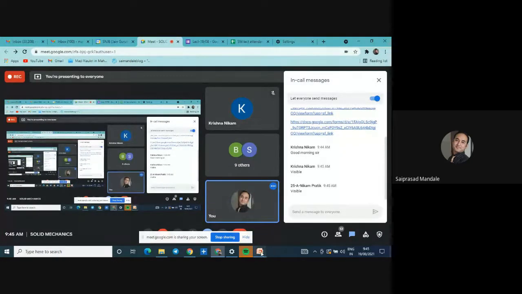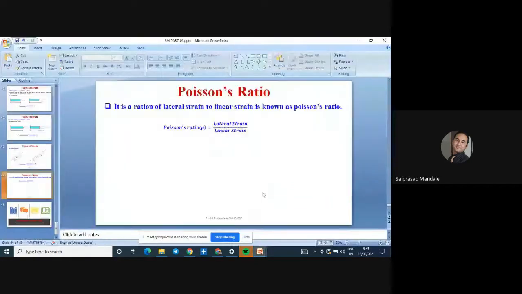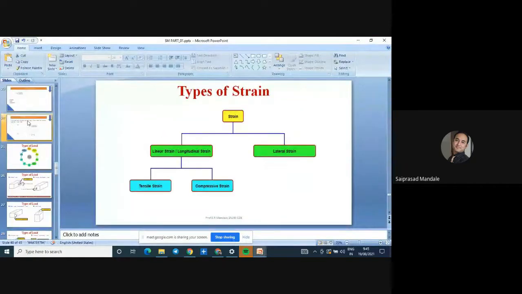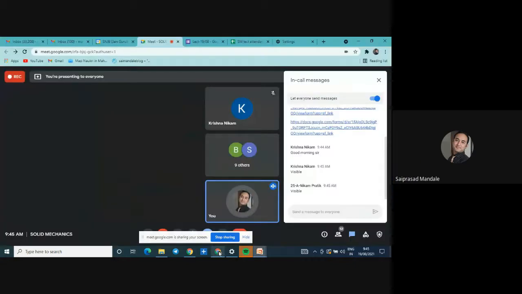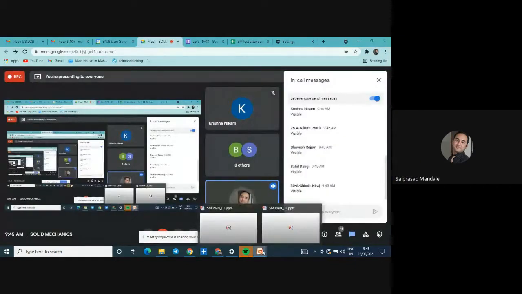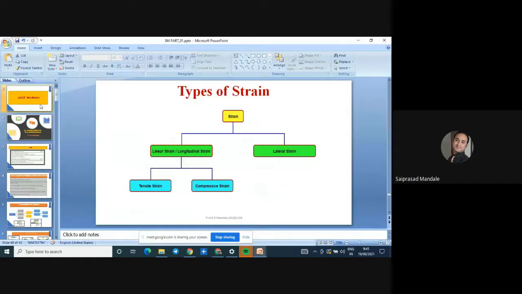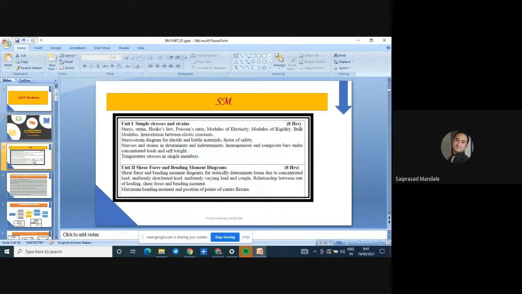In today's session, we are going to look at what we studied in the last session. We have studied stress, strain, Hooke's law, Poisson's ratio, and today we are going to look again at modulus of elasticity, modulus of rigidity, bulk modulus, and the relationship between them.